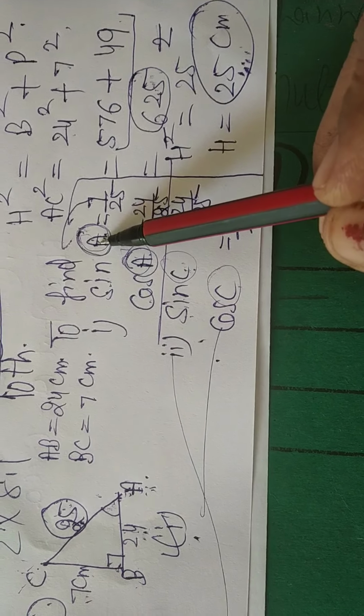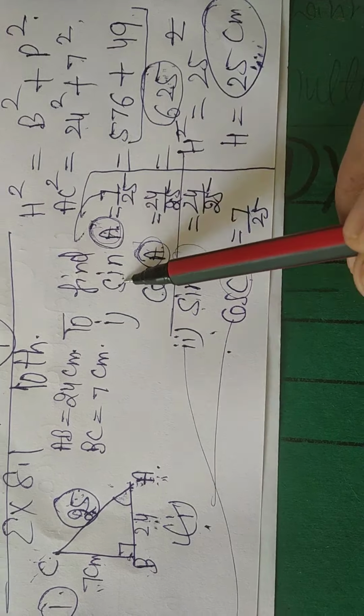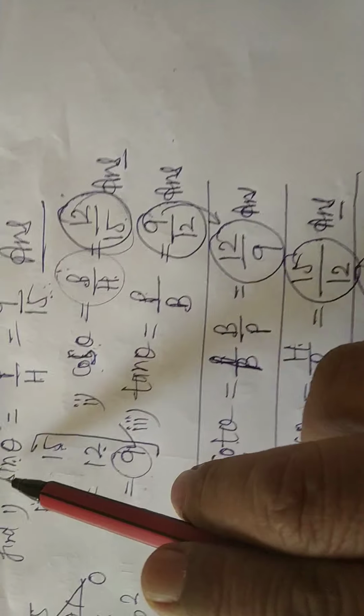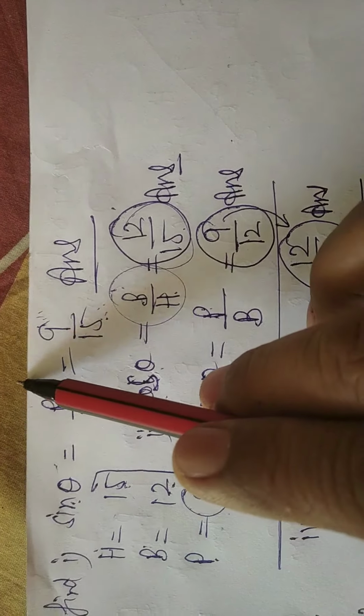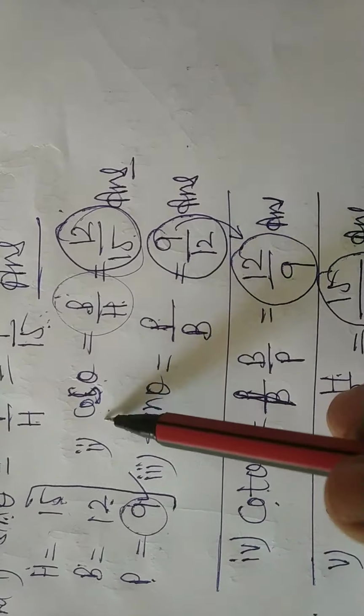For sine A, I know the formula that sine is equal to perpendicular upon hypotenuse. In the last class I explained, sine theta is P by H, perpendicular upon hypotenuse. Cos theta is B by H, base upon hypotenuse.